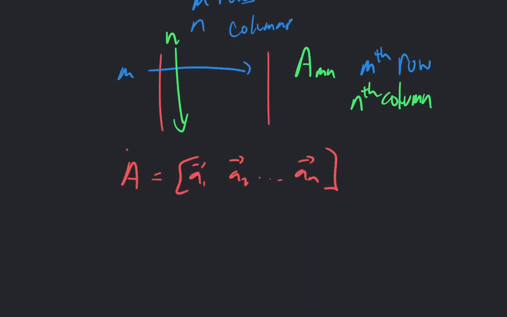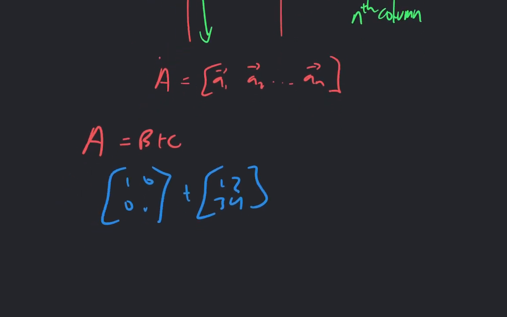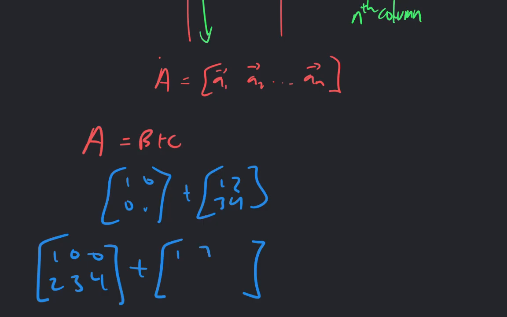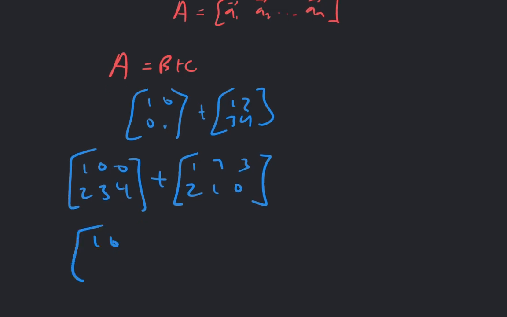Matrices can only be added if they are the same size. Meaning you can add these two together, or those two together, but you cannot add those two together or those two together.